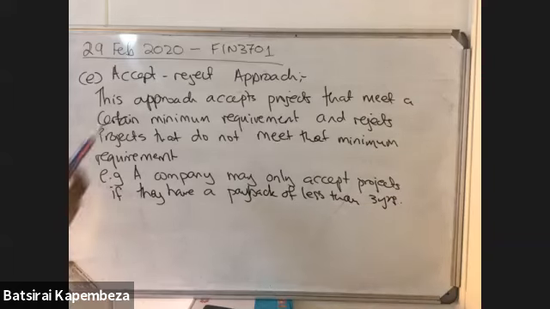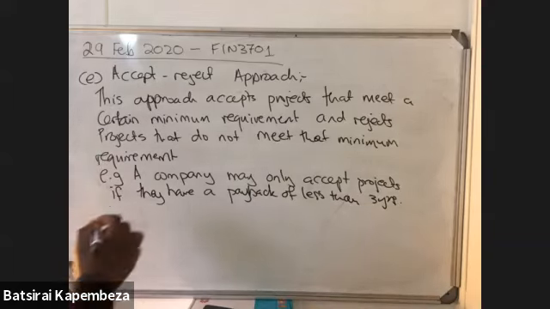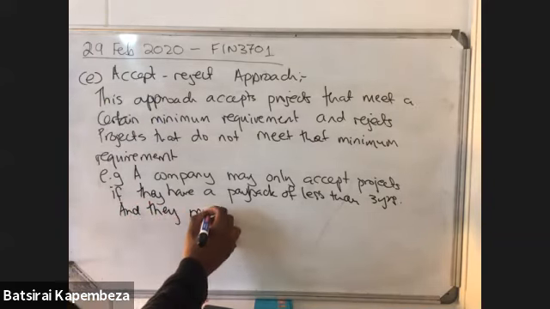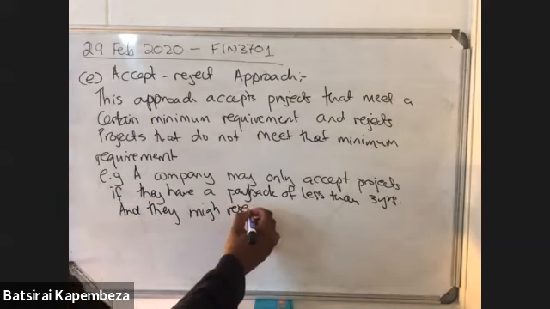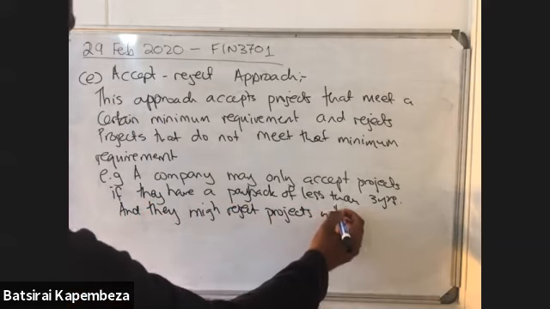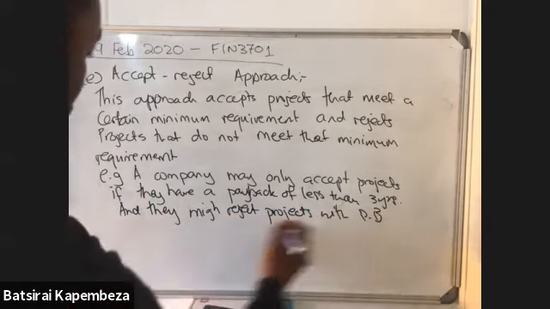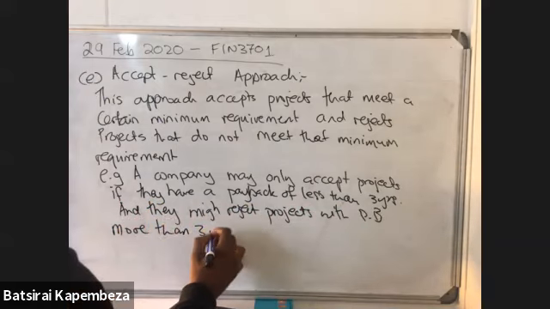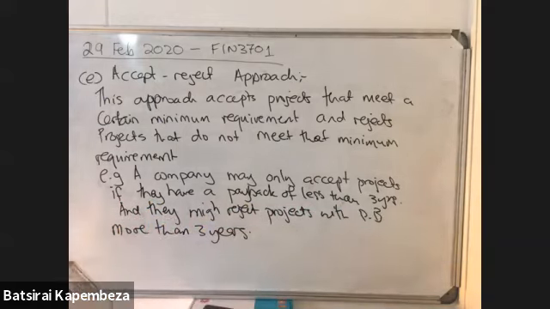So that's an example of the accept reject approach. So this is how the accept reject approach works.